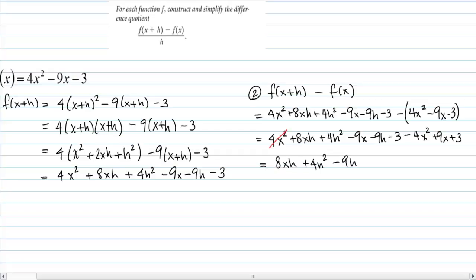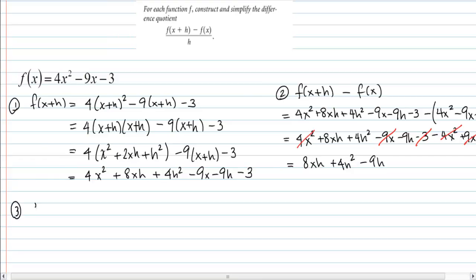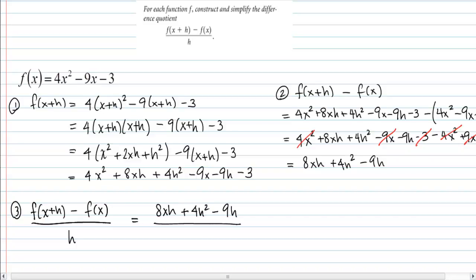The 4x squared should cancel, the 9x's should cancel, and the 3 should cancel. Finally, step 3 is to take step 2, f of x plus h minus f of x, and divide it by h. You want to individually divide h into each term, and that would give you the slope of the secant line being the expression 8x plus 4h minus 9.